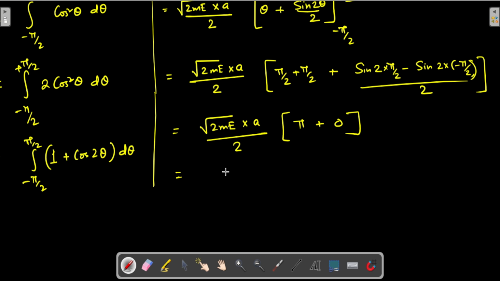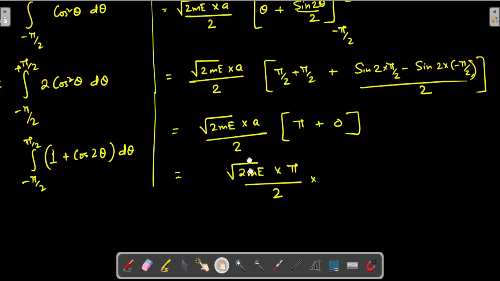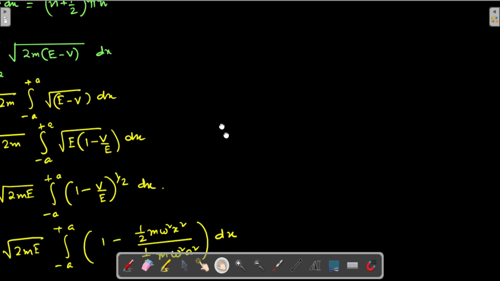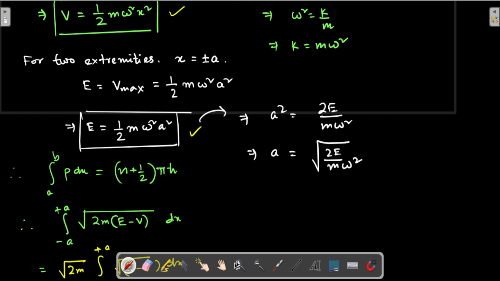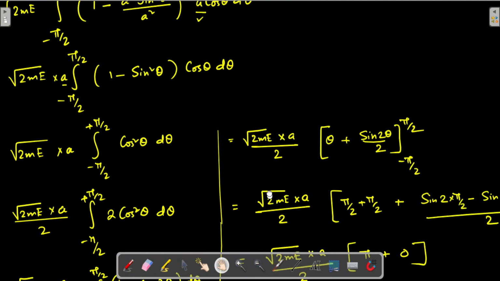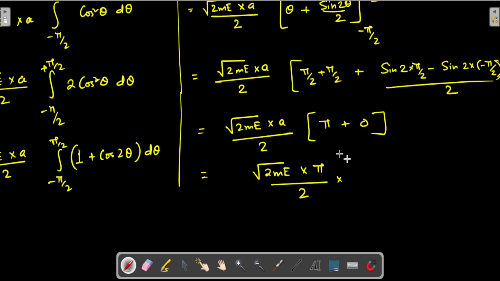So after that the term will be root over 2mE into pi by 2 into a. What is the value of a? From here we can write a squared equals 2E by m omega squared, and a equals root over 2E by m omega squared.